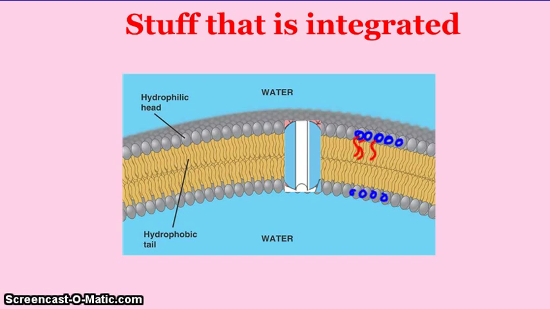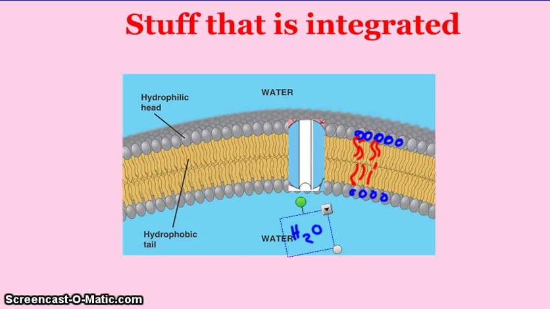And the cell embeds these channels in them. The channels provide a tube that molecules can move through, like H2O. H2O is unable to pass through the membrane on its own, but it can pass through one of these structures and move into or out of the cell. Those are called protein channels, and we'll discuss those more in the next unit.